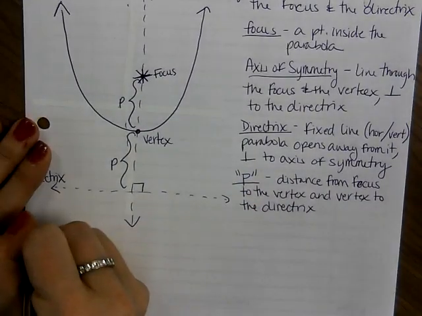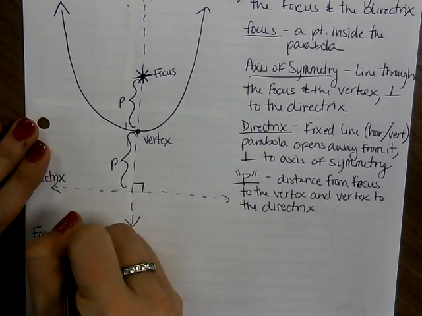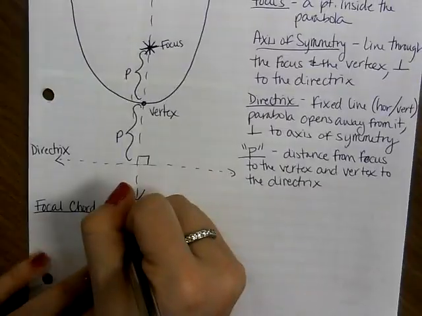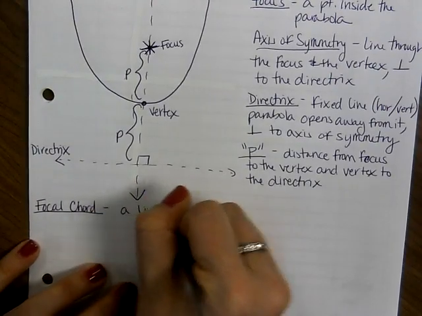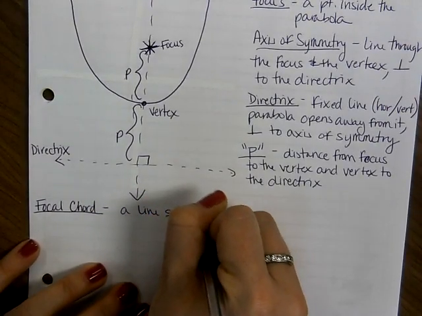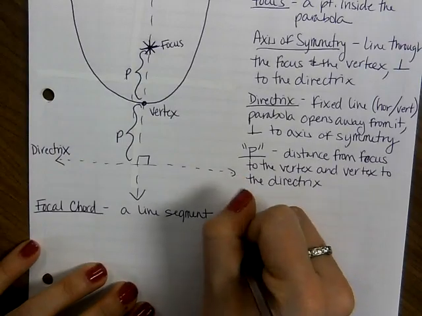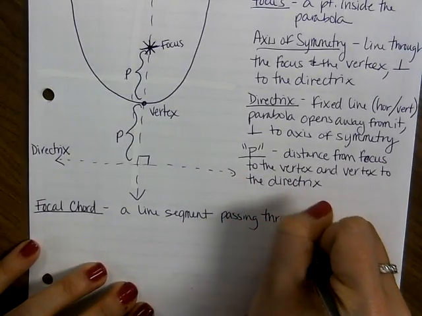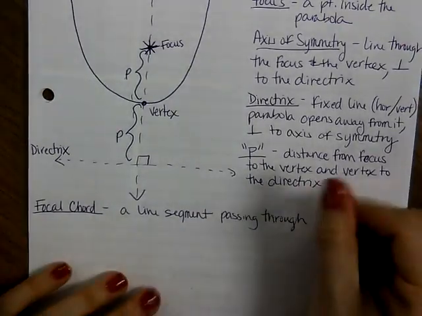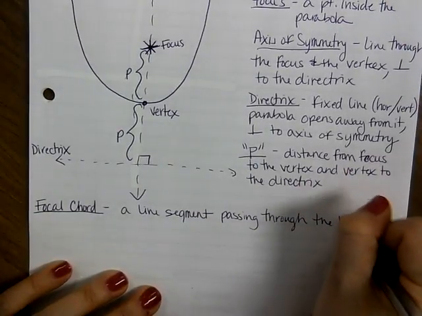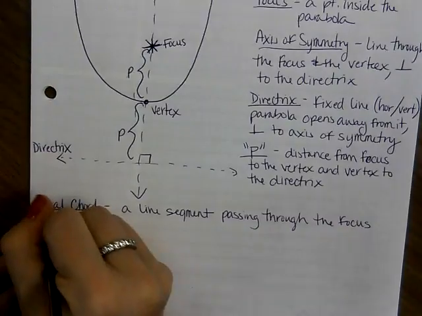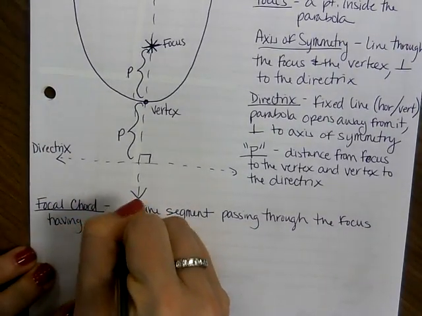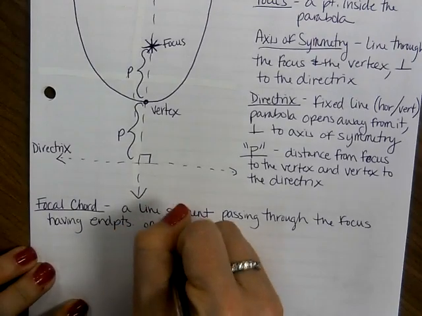Let's do it this way. Focal chord. So a focal chord is a line segment passing through the focus, having endpoints on the parabola.